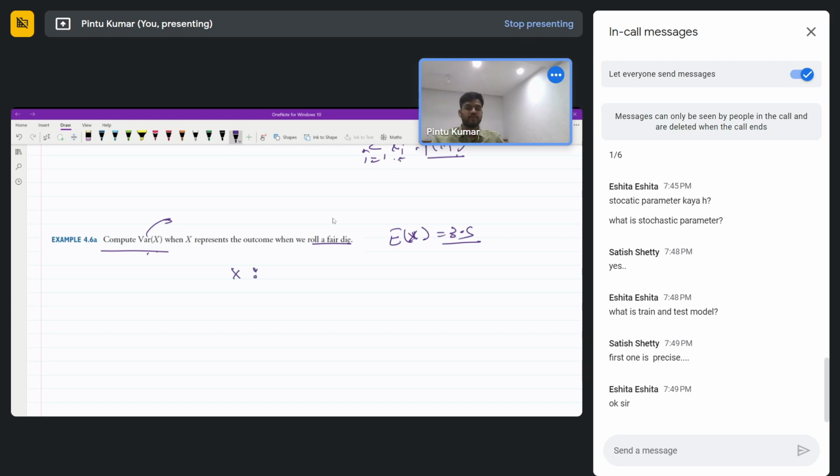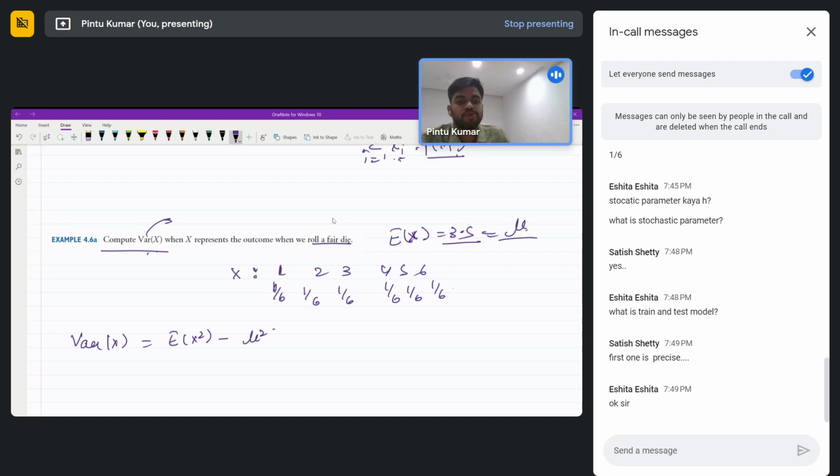So x takes 6 values, 1, 2, 3, 4, 5, 6, each with probability 1 by 6. To calculate variance of x, we want expectation of x square minus mu square, right? This is also denoted by mu. We already have mu. We want to calculate expectation of x square.